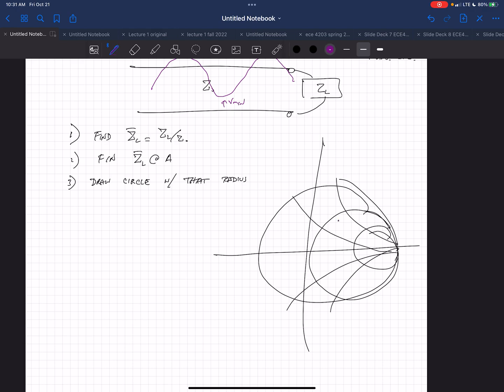So I would find the location of A, and then the absolute value of the reflection coefficient at that point would be the distance from O to A over O to M. M is any point along the furthest out circle in the Smith chart. That would be the actual amplitude of the reflection coefficient.